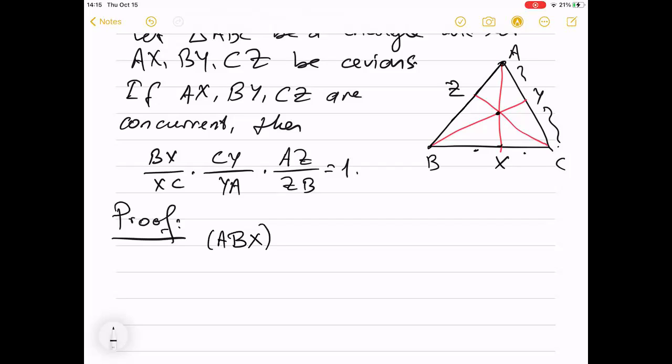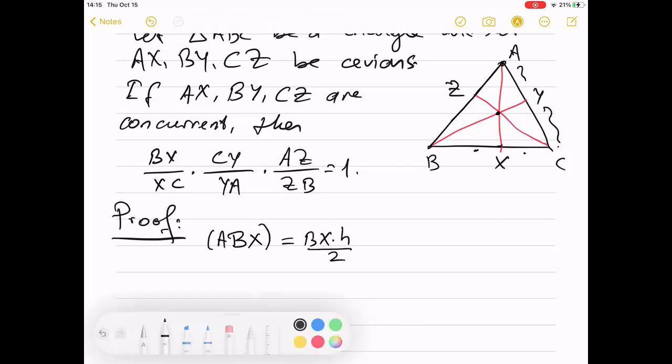No. And this is BX times some H over 2, right? H is this height. H is that height.